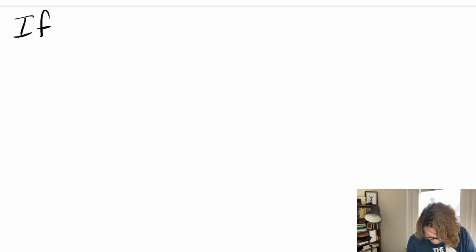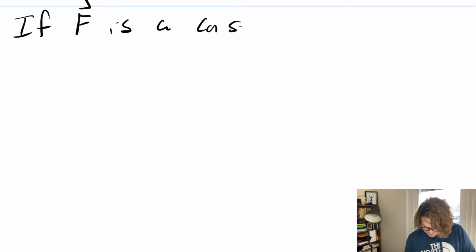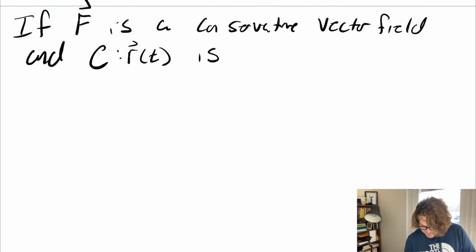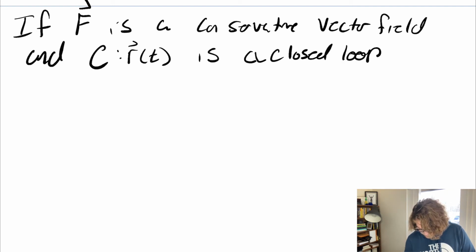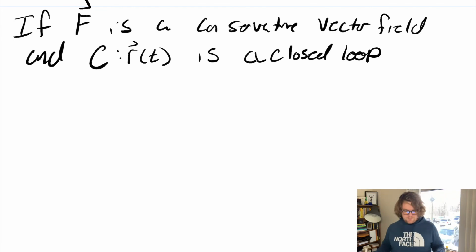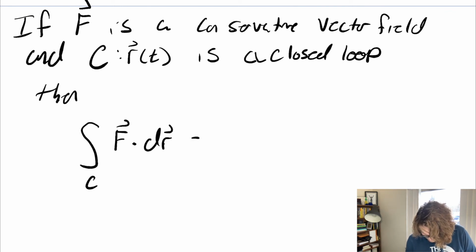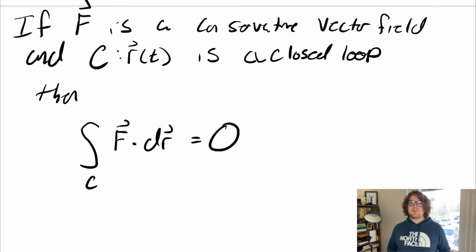So if we have a conservative vector field and C, given by some r(t), is a closed loop or a closed path, then the integral over the curve of F dot dr is just going to be equal to 0.